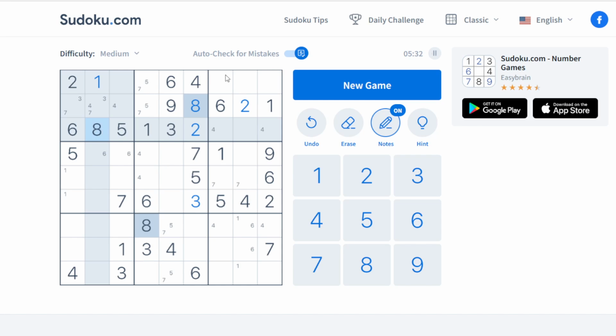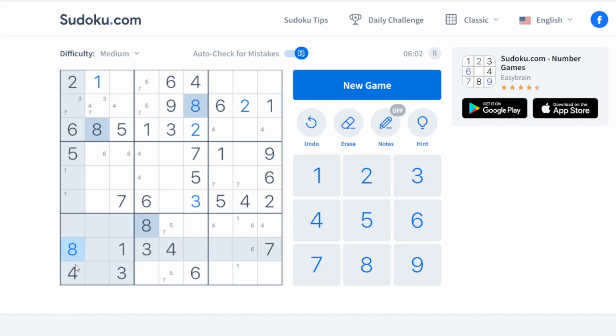Looks like the 8 must be up here, but I will not make note of it. We know for a fact that the 8 must be in here, because it cannot be here from this 8, and it cannot be here from this 8. And then we know the 8 must be down here with 3 options.